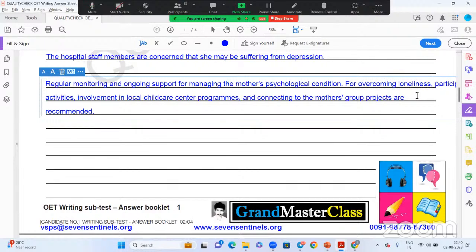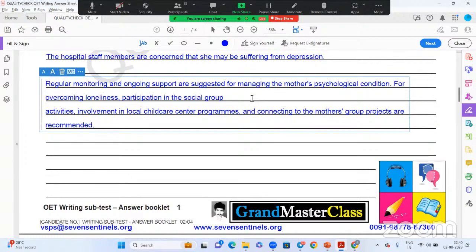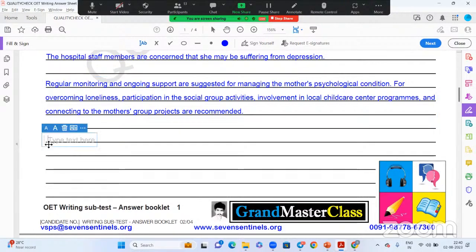So here full stop, are advised or suggested for managing mother's psychological condition. Overcoming loneliness. Now next here we will make a quality sentence.